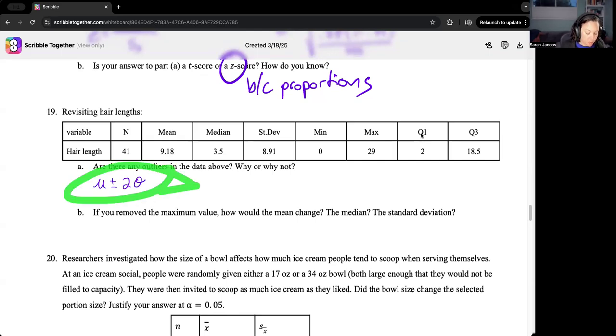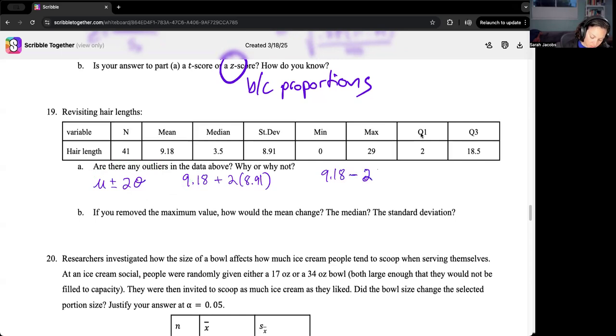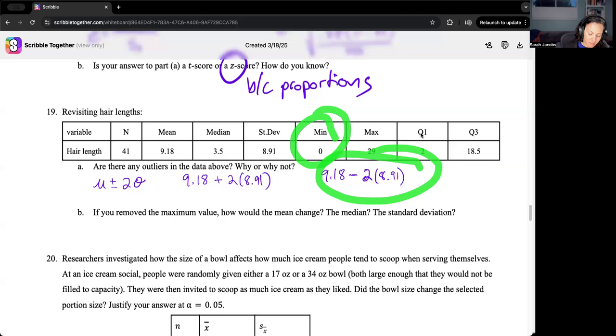All right, so mean plus or minus 2 standard deviations. We've got the mean 9.18 plus 2 times 8.91, and then the mean minus 2 times 8.91. This is going to be negative. So obviously, since our minimum is 0, we're going to have no low outliers.